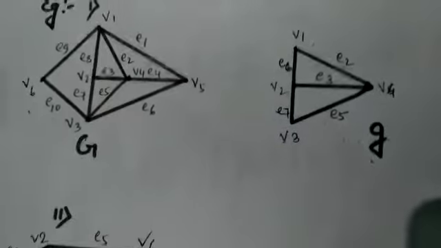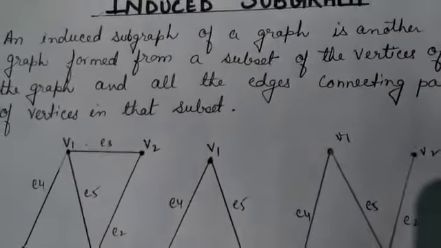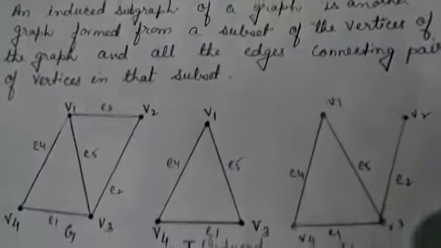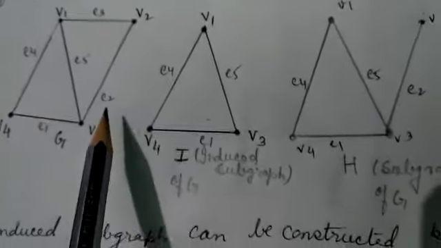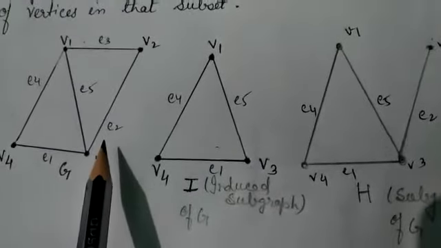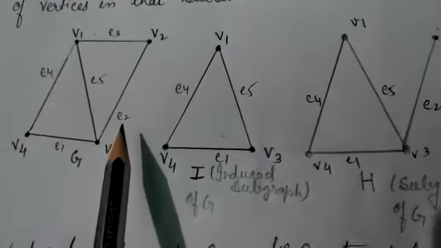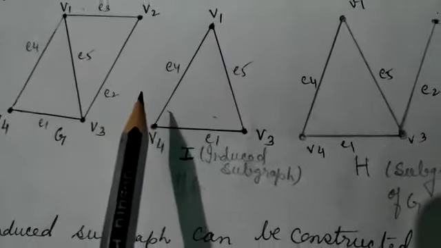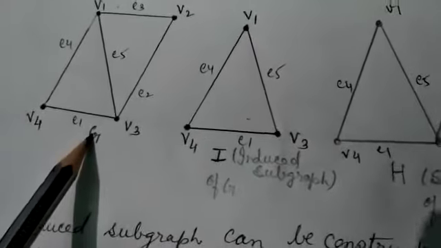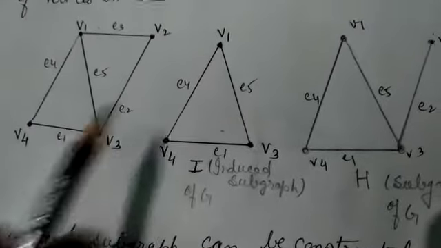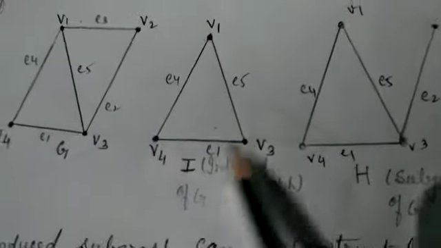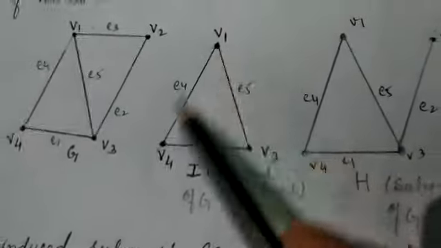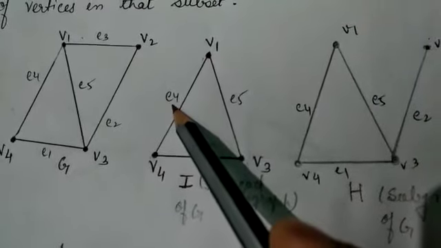Now we will study about induced subgraph. What is an induced subgraph? An induced subgraph of a graph is another graph formed from a subset of vertices of the graph and all the edges connecting pairs of vertices in that subset. So here we have the original graph G. We have taken a subset of vertices V1, V4, V3, and V1, V4 is connected with edge E4.